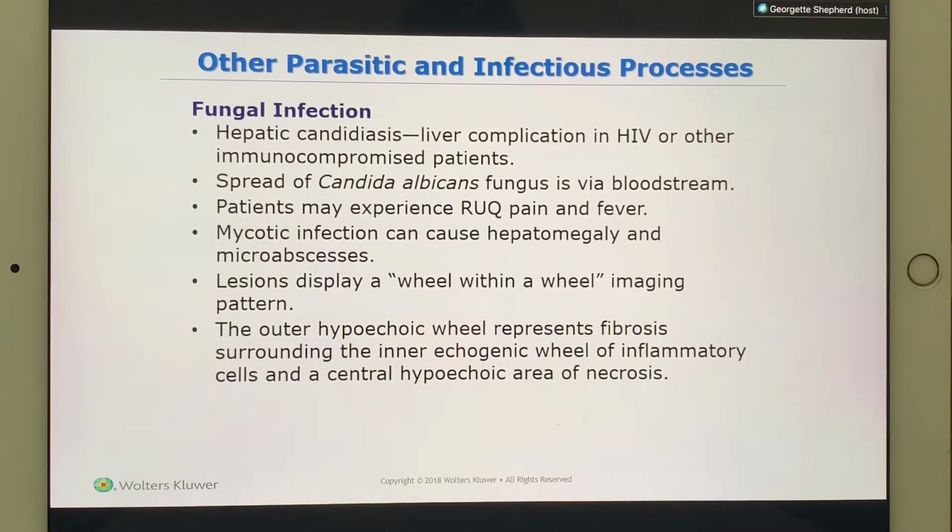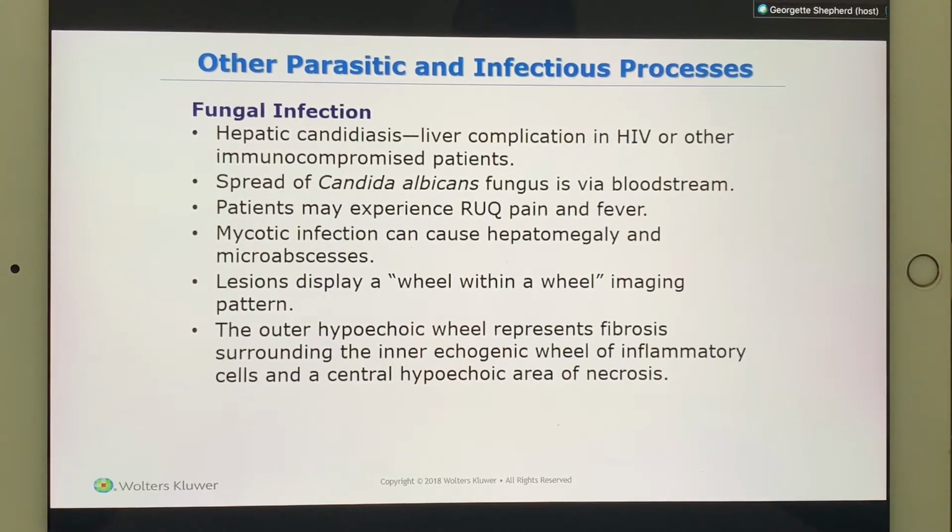Okay. Candida is also a liver complication of HIV, and it happens with immunocompromised patients. Immunocompromised patients can be someone with RA, that could be someone with mononucleosis.